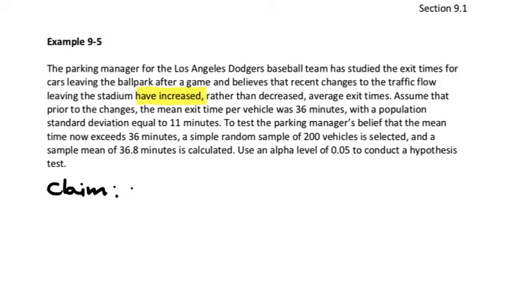Prior to the changes, the mean exit time per vehicle was 36 minutes. So my claim is that the average exit time is greater than 36 minutes. The population standard deviation is equal to 11 minutes.